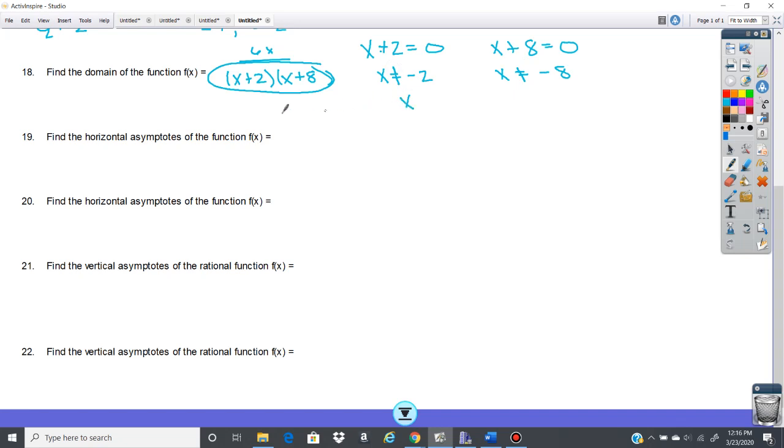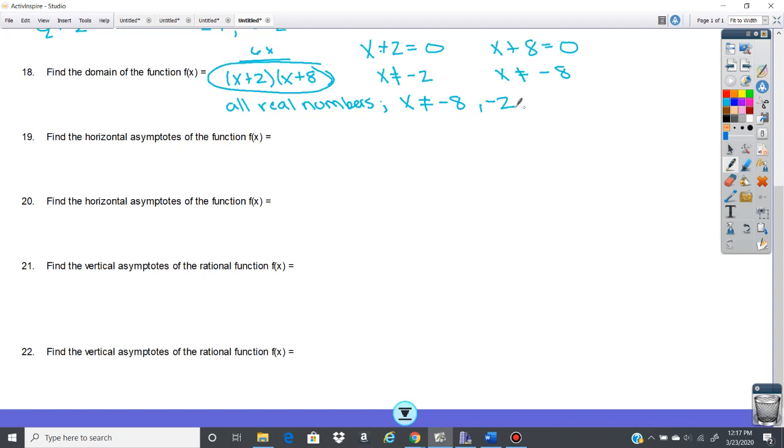So you could say that x is all real numbers, with the caveat that x cannot equal, if we went in order, -8 and -2, least to greatest. Or you can do interval notation.